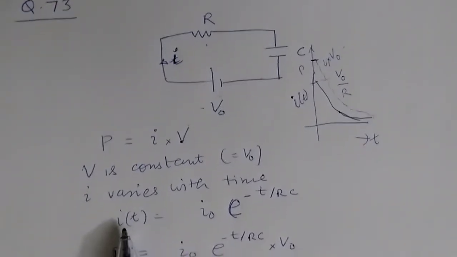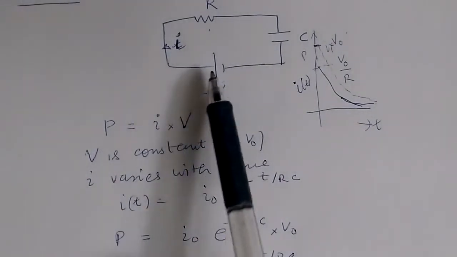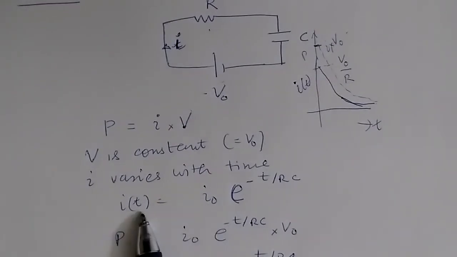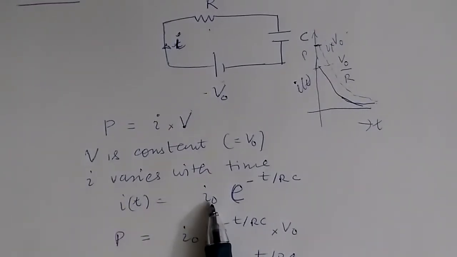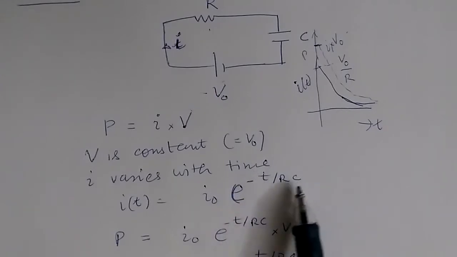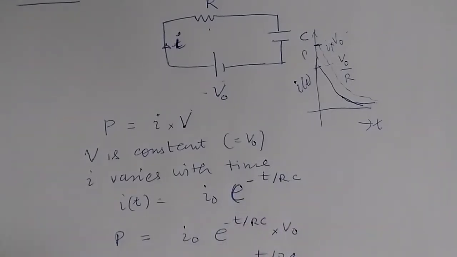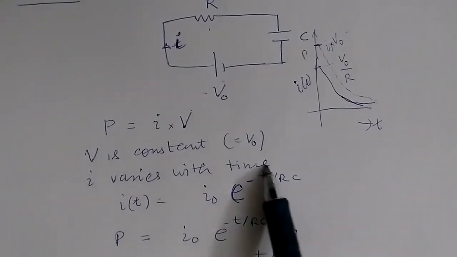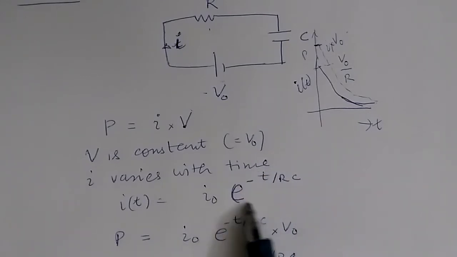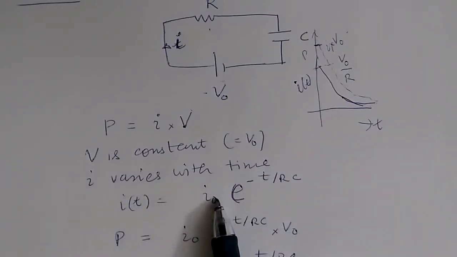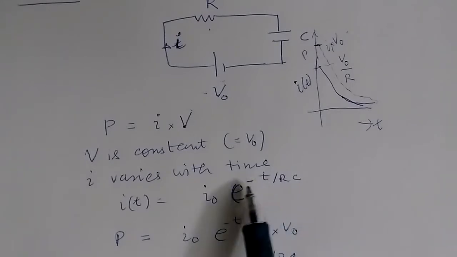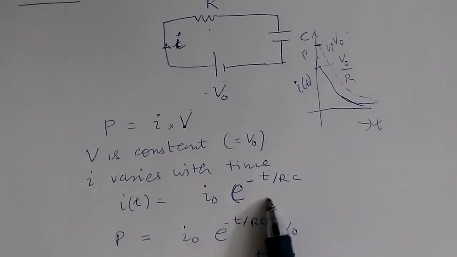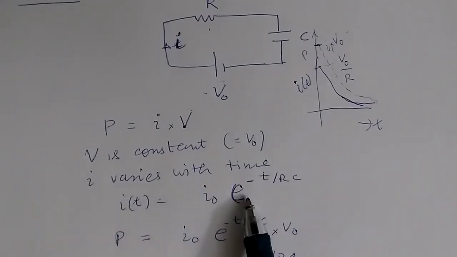I is given, for this circuit, as I0 e to the power minus t by RC, which means I varies with time. At time t equal to 0, this becomes e to the power 0, or 1, so I is equal to I0. At t equal to infinity, this becomes 1 upon e to the power infinity, which is 0, so I becomes 0.